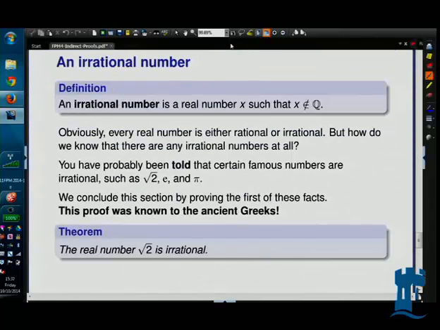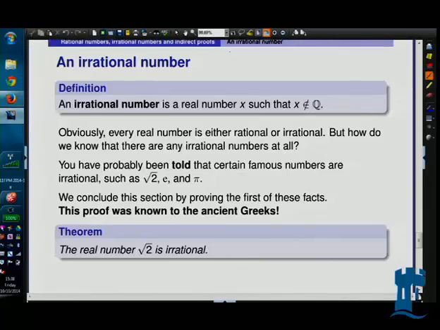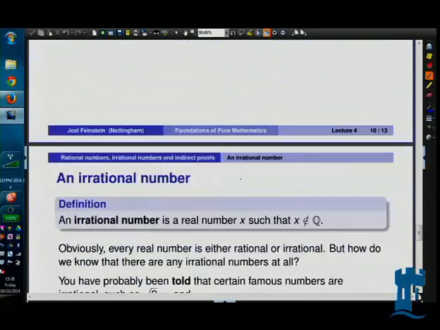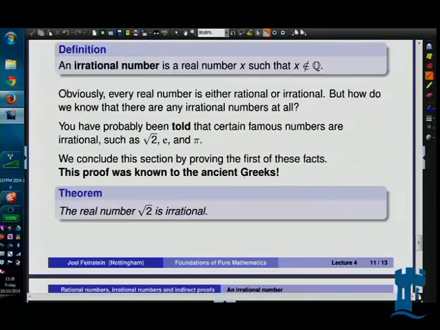Now, our task now is to prove that the square root of 2 is irrational. This will be our first example of an irrational number. So, what is an irrational number?